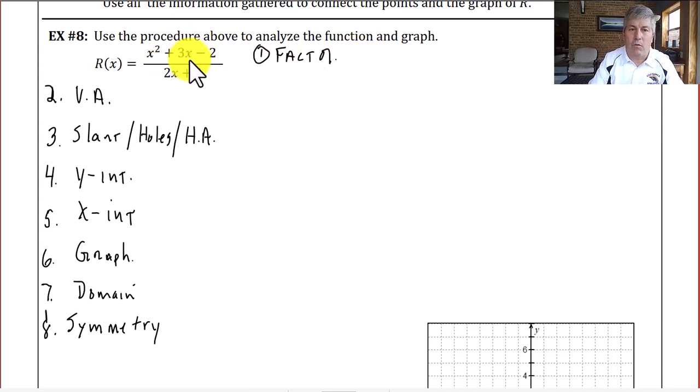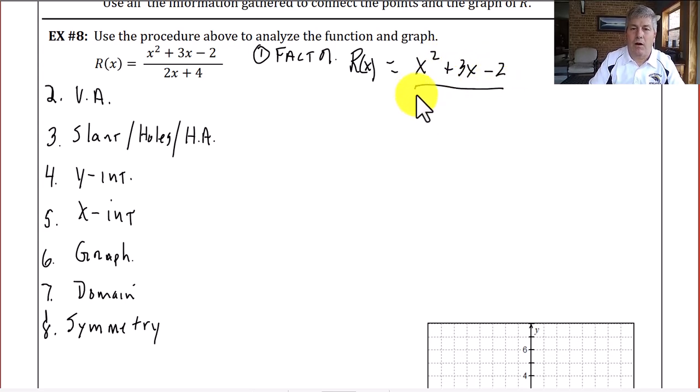I would do the quadratic formula to get our zeros and our x-intercept. So we can't factor the numerator. The denominator we can factor. So our function r of x then is the unfactorable numerator all over our factored denominator, 2 times x plus 2.